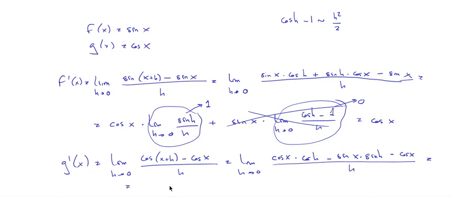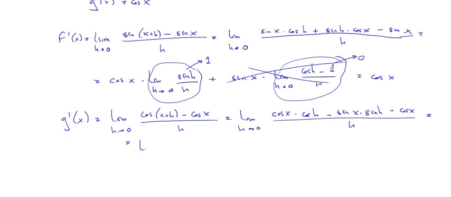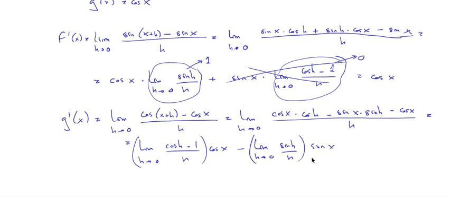Similarly, we get the limit when h goes to 0 of the cosine of h minus 1 divided by h times the cosine of x, minus the limit when h goes to 0 of the sine of h divided by h multiplying the sine of x. This goes to 0 as before, this goes to 1, so this is minus the sine of x. So the derivative of the sine is the cosine, the derivative of the cosine is minus the sine, as probably most of you knew.